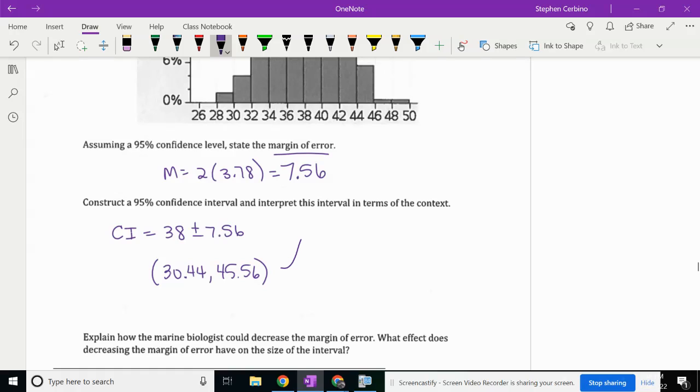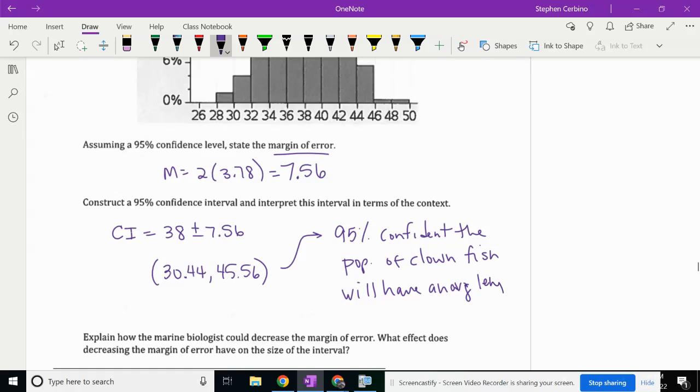And what this confidence interval tells us is we are 95% confident the population of clownfish will have an average length between 30.44 and 45.56 millimeters.